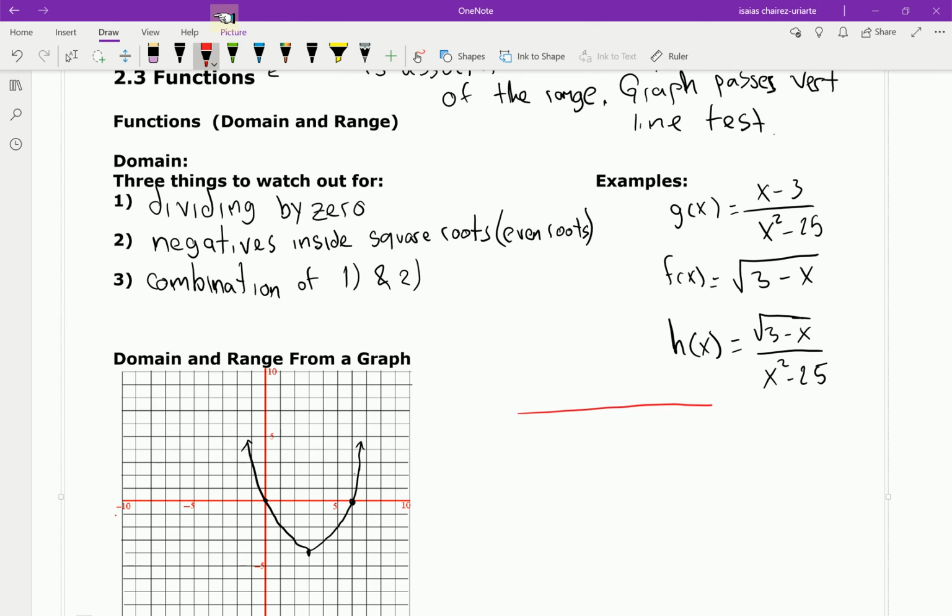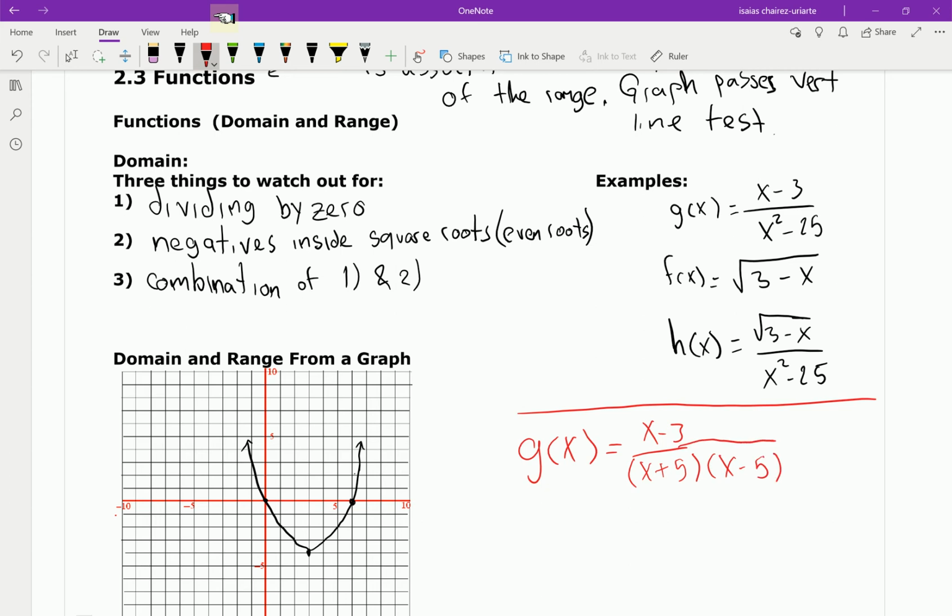So x minus 3. Now let me think about the denominator. It's probably a good idea to take advantage of factoring here. I'm going to express the denominator as x plus 5 times x minus 5. It's a difference of squares.